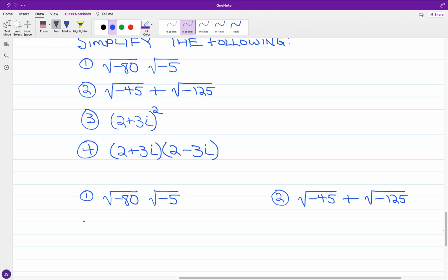So if I write in terms of the letter i, the square root of negative 80 will be the square root of 80 times i, and the square root of negative 5 is the square root of 5 times i.